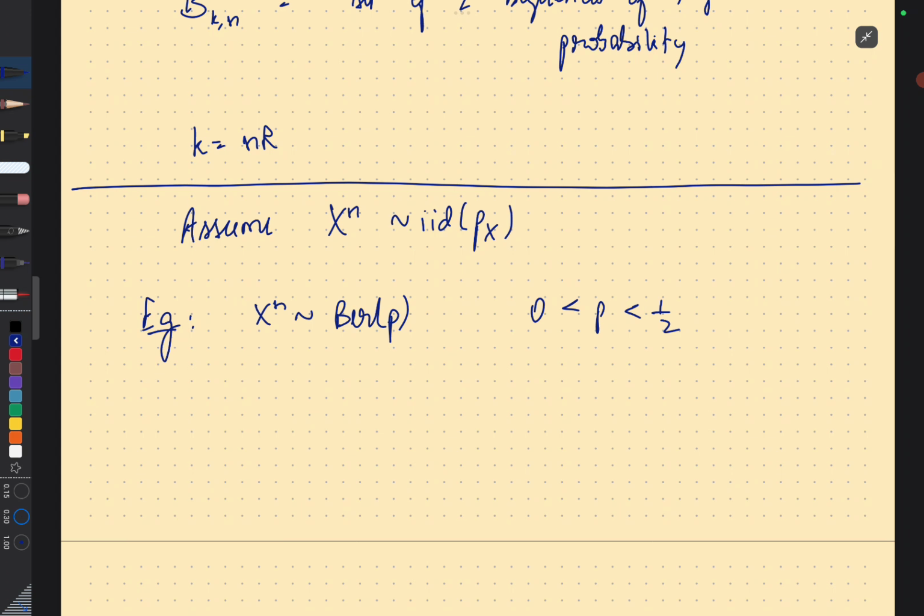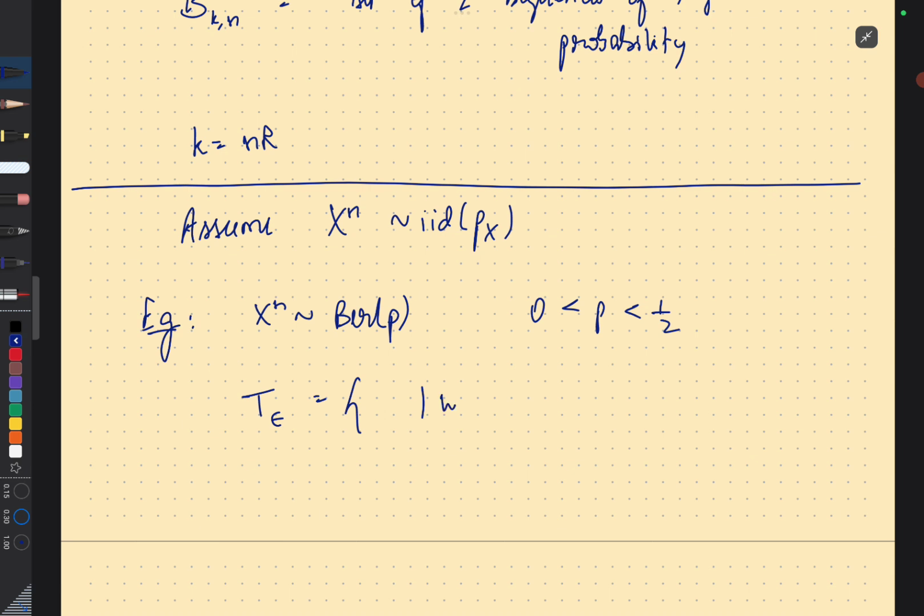Or let's do something a little different. Let's say I define this set T_epsilon, which is the set of all sequences where the number of ones is epsilon close to P. All right.